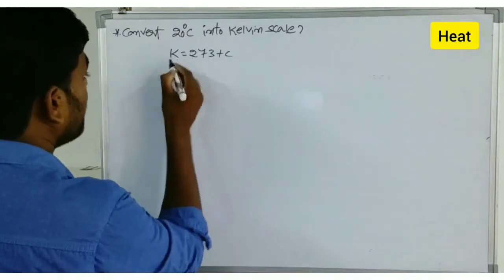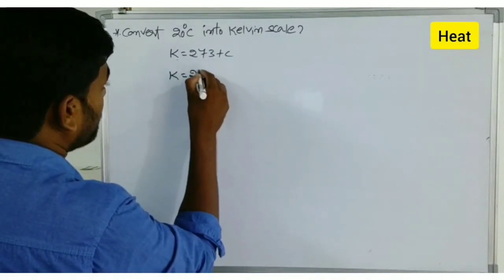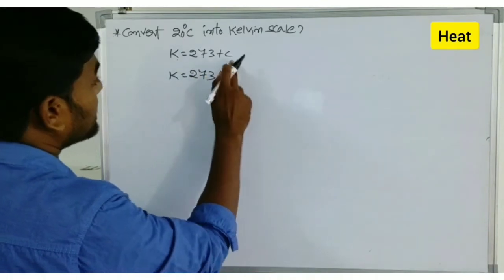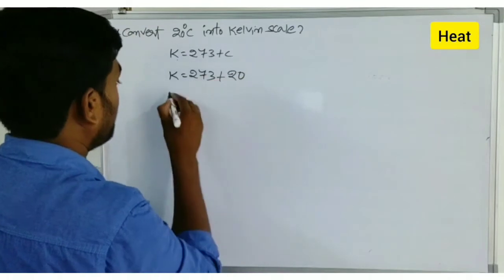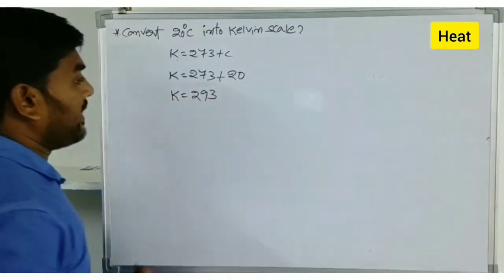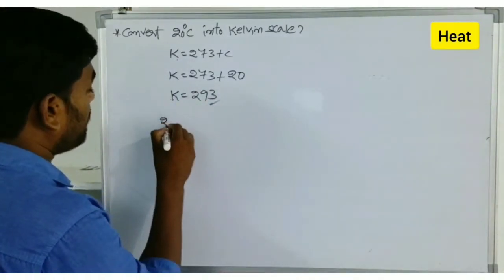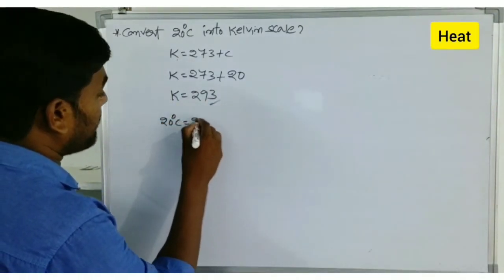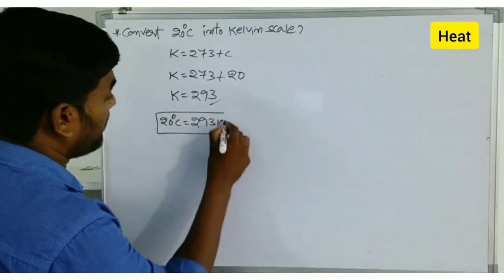So K is equal to 273 plus 20. K is equal to 293. So the final answer: 20 degrees centigrade is equal to 293 Kelvin.